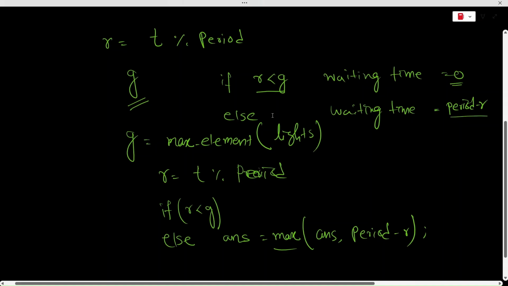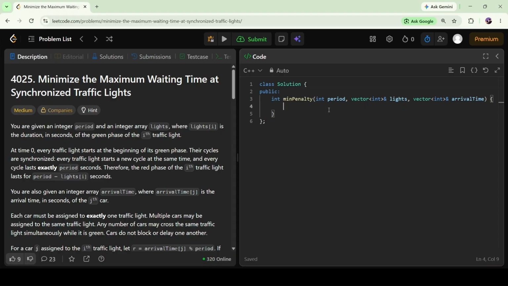So I hope the solution is clear to you. Now I'll just quickly code it up. Okay, so there will be an ans which will be 0. Now we need to calculate the g, which will be the max element in the lights array.